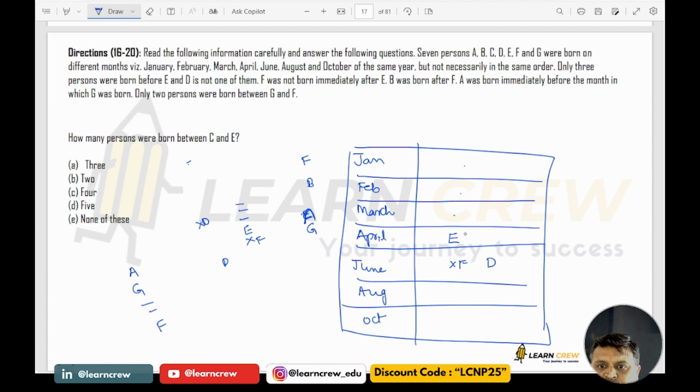B was born after F. A was born immediately before the month in which G was born. So as I already told, AG should be like this.